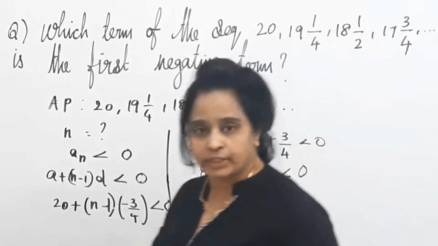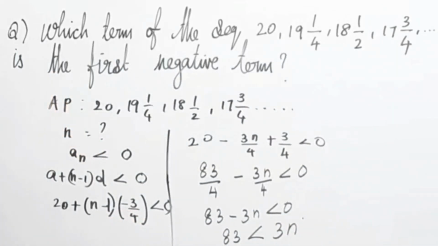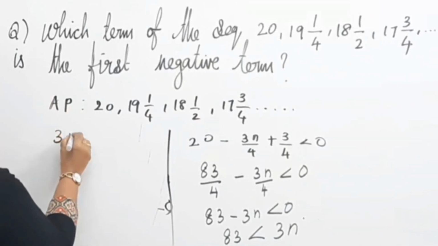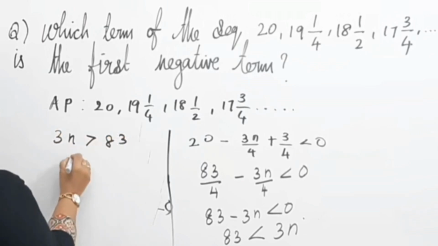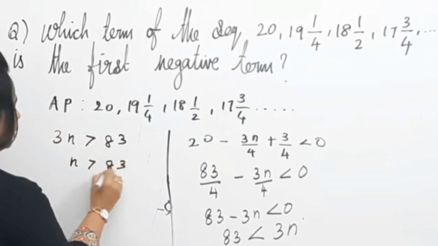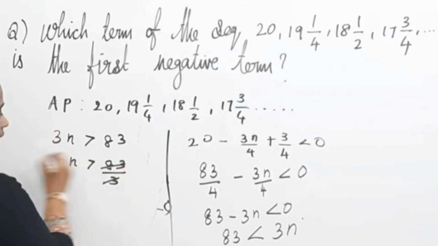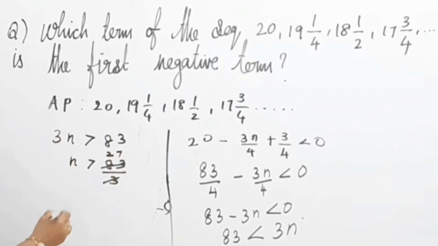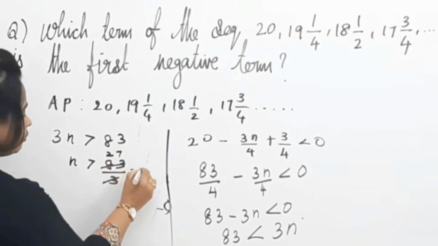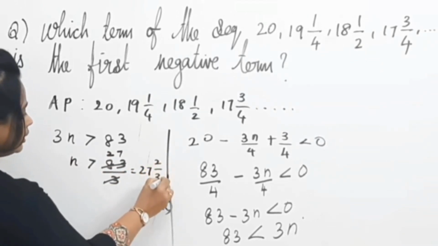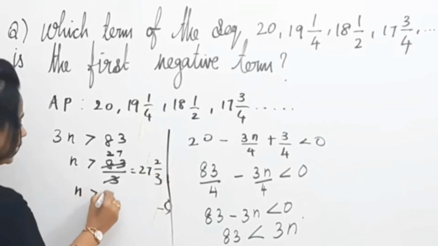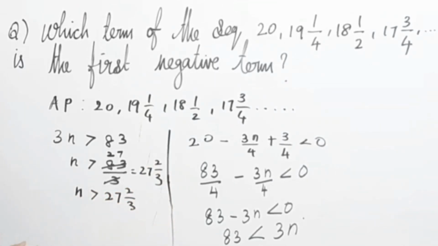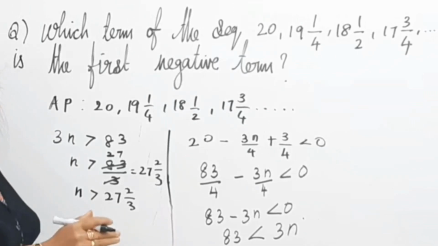Now, my aim is to find my n here. So 3n is greater than 83 means n is greater than 83 by 3. Dividing, 3 times 27 is 81 and you have 2 by 3 left. So that's equal to 27 2/3. That is, n will be greater than 27 2/3 such that the first term is going to be a negative number.